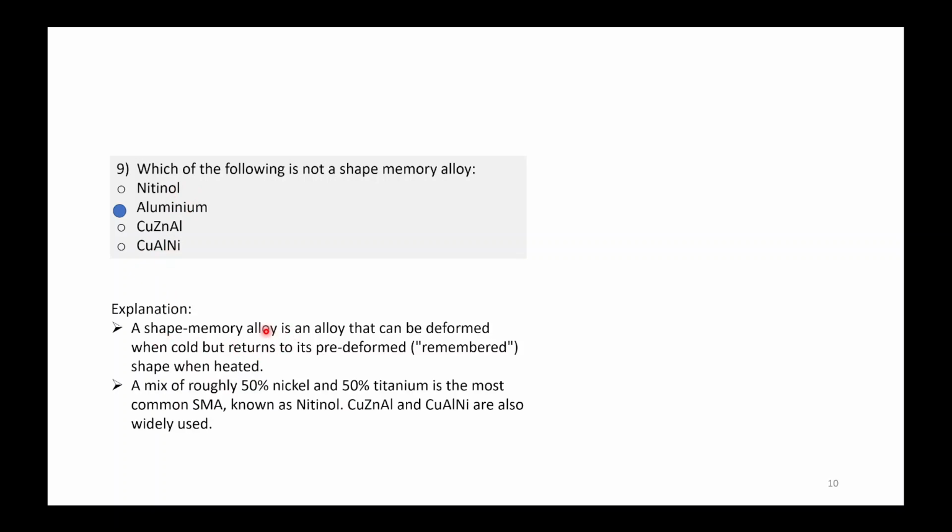A shape memory alloy is an alloy that can be deformed when cold, but it returns to its pre-deformed or remembered shape when it is heated. A mix of roughly 50% nickel and 50% titanium is the most common shape memory alloy, and it is known as nitinol. In the case of copper zinc aluminium and copper aluminium nickel, they are also widely used.